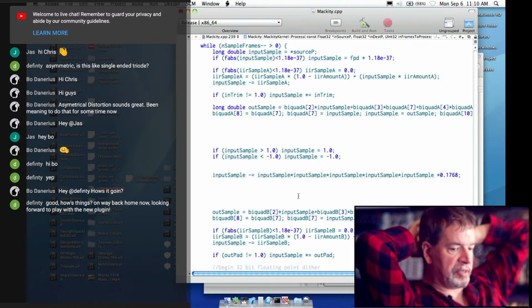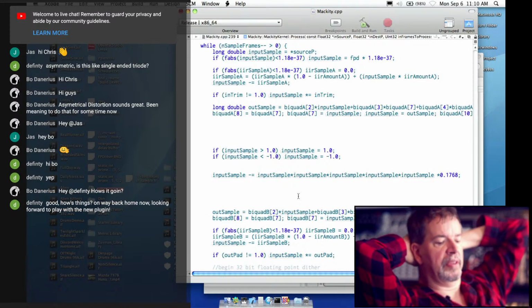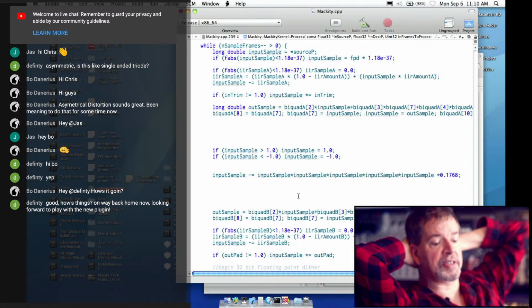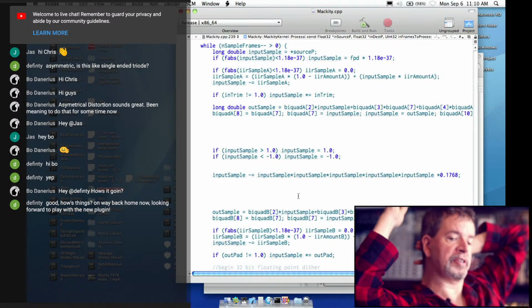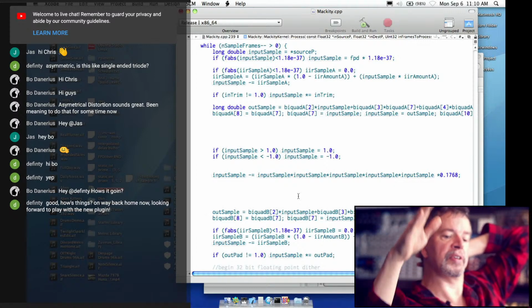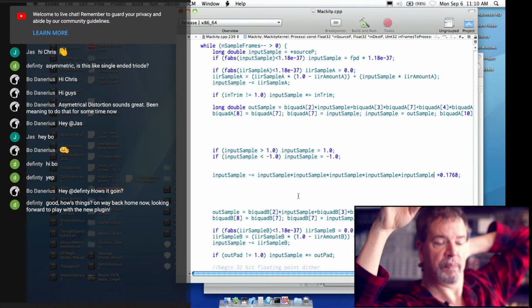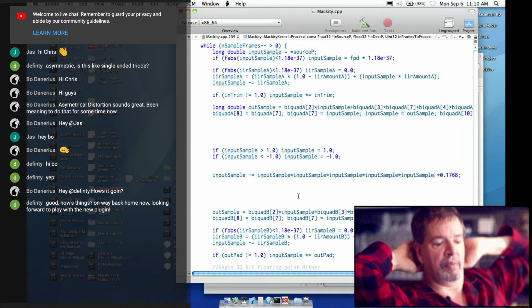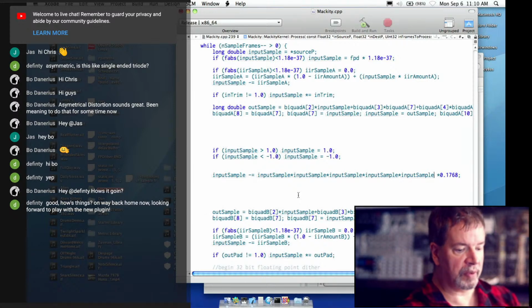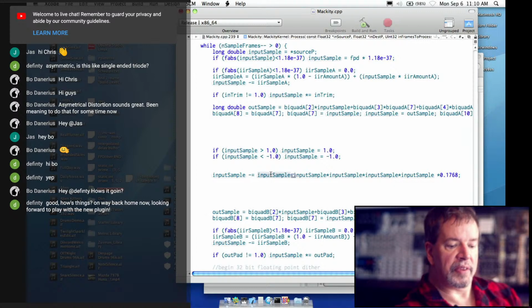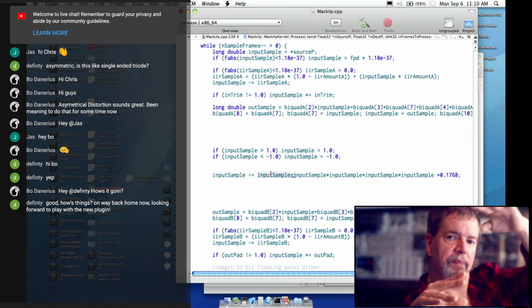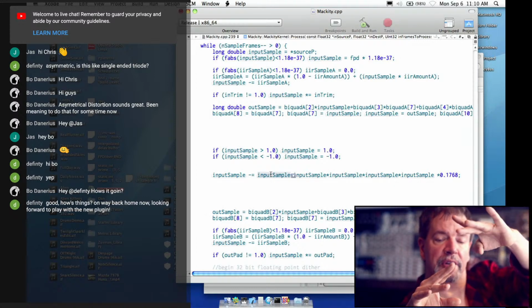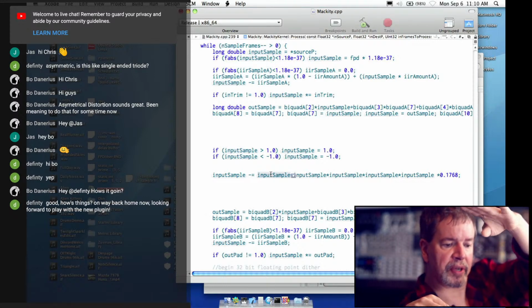If it is negative, then we're subtracting a negative number. That's the same as adding a positive number. That's also moving it away from the side of the voltage swing that we're on. So if you do input sample minus input sample by itself, then you're always reducing the range of where that value can go.